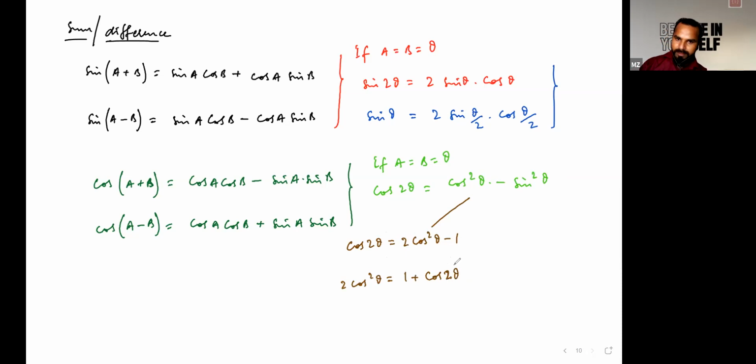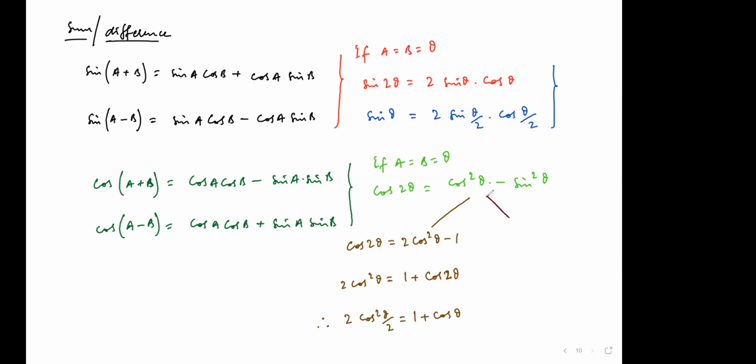Just see, if you have 2 theta, then you will get theta here. So if you put theta by 2 here, you will get theta only. So similarly, you can write 2 cos square theta by 2 equals 1 plus cos theta only. I'll define only in terms of cos only.